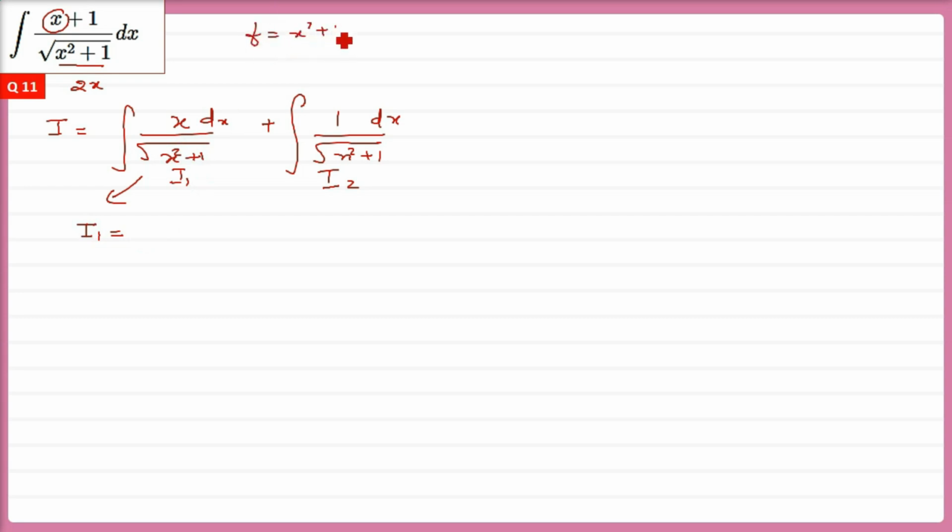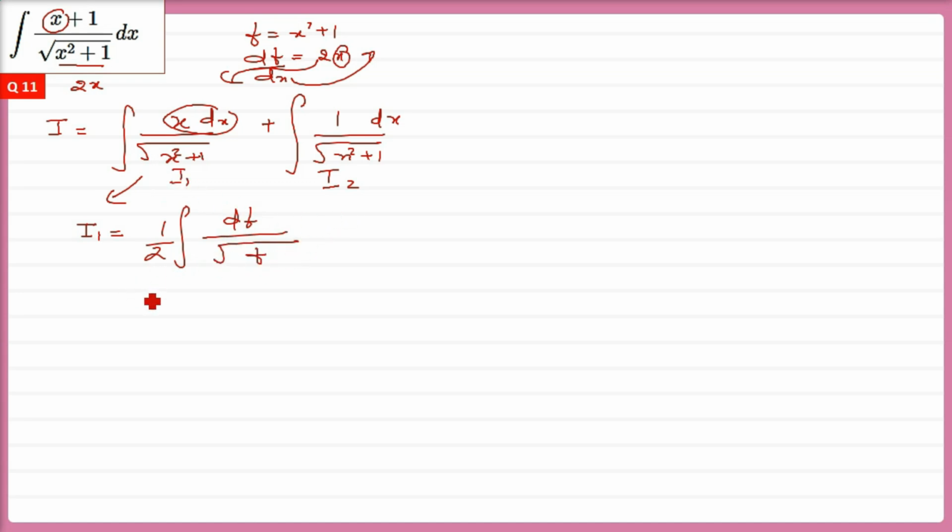So t, if you take x square plus 1, this dt by dx will be equal to 2x. That means x dx will be dt by 2. So half will come in front, and under root x square plus 1 will be t, because x square plus 1 was taken as t.